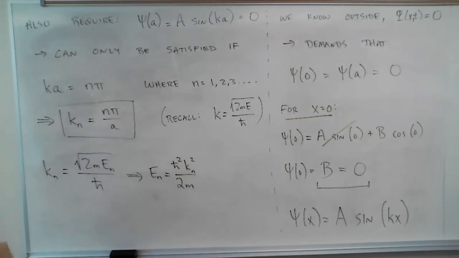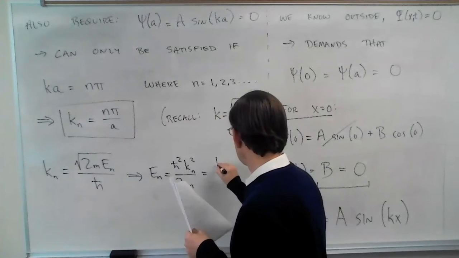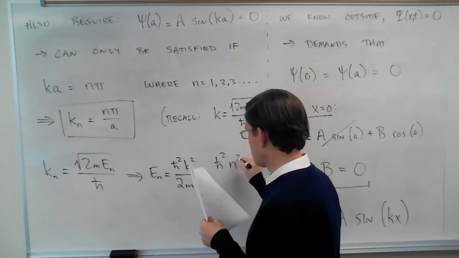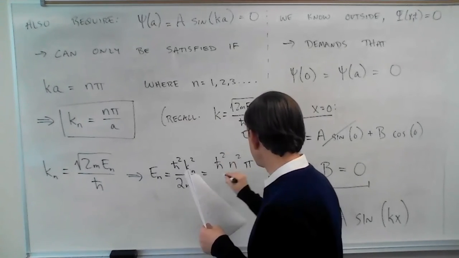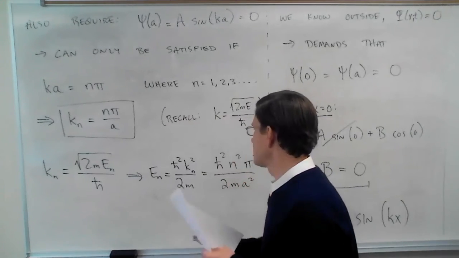And using our definition for k sub n, this is equal to h bar squared, n squared, pi squared, over 2 times m times a squared.